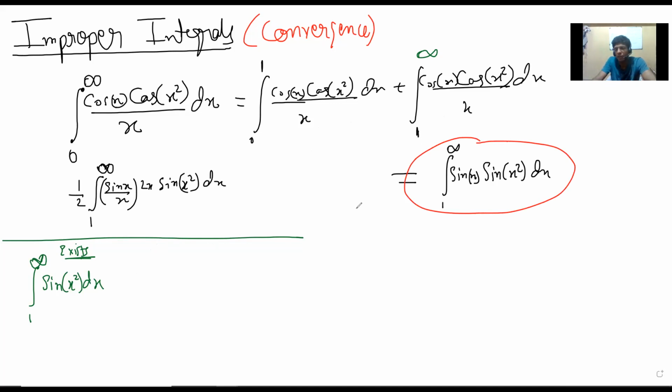And if you try to do this one, then you can see a way out. Okay, maybe. So what I'm saying is that if you try to solve this one, then you will see that this 2x sine x squared dx, yeah, this may be a bit, but I don't think that just comparison works for these kinds of questions.